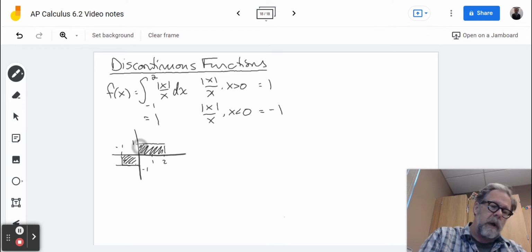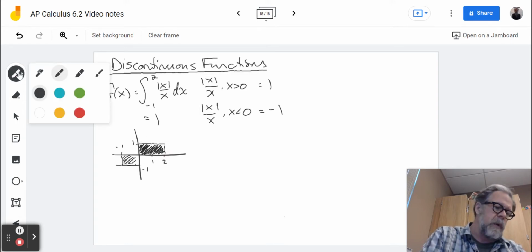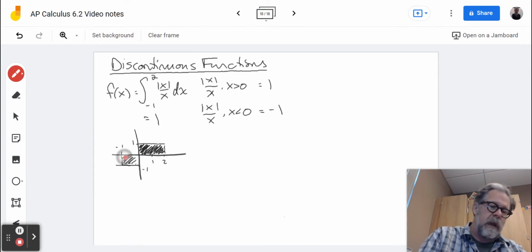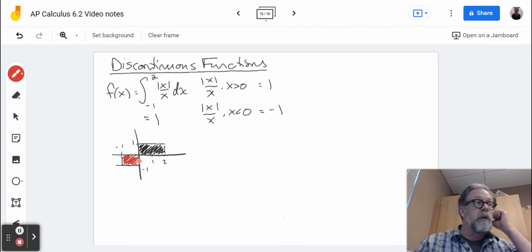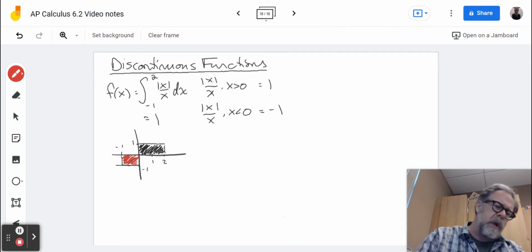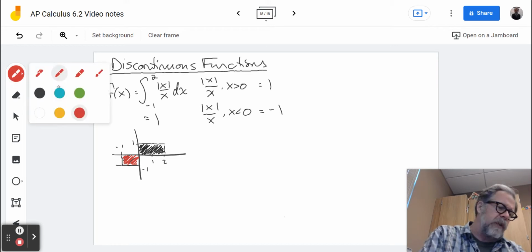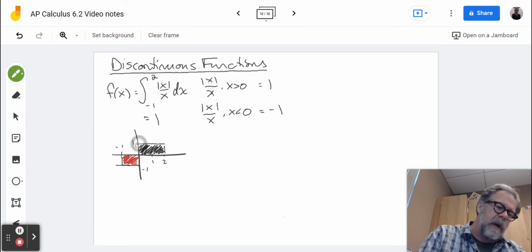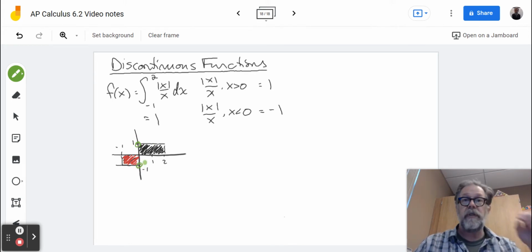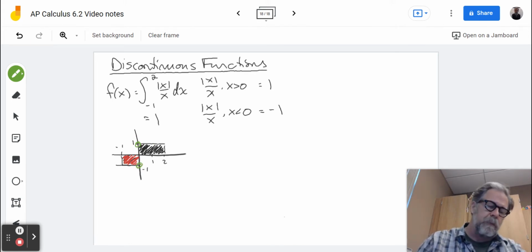Just a reminder, because you were thinking 3, that's +2, but this is -1, and so when I put them together, I get 2 minus 1, which is 1. And of course, notice that this function is not defined for x equals 0, because that would be 0 divided by 0, which is undefined.